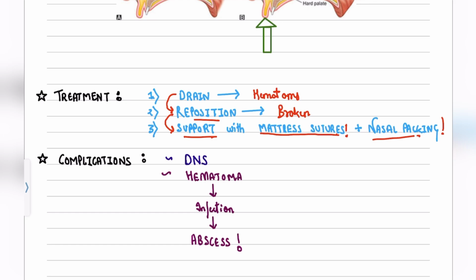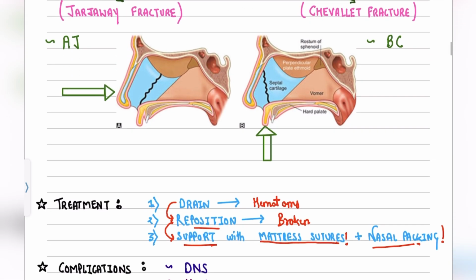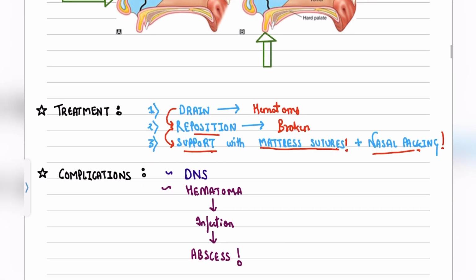If we are unable to treat the Jarjavay and the Chevalier fracture, what could possibly happen? First of all, there can be permanent disfigurement of the septum, a condition known as deviated nasal septum, and the most common cause of deviated nasal septum is trauma. There might also be blood collection in the nasal septum.